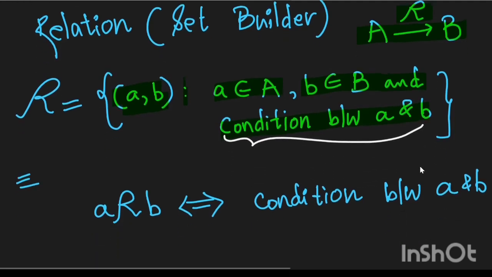Now this whole thing can be written like this also, guys. a R b. The first element a, then R, that is the relation, then b, if and only if, the double arrow we can also say, if and only if the condition between a and b is satisfied. The mathematical equality or inequality between a and b is satisfied.